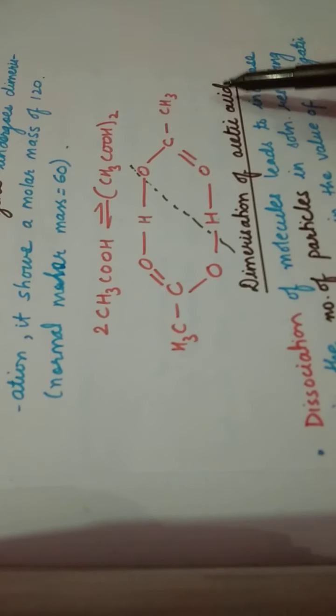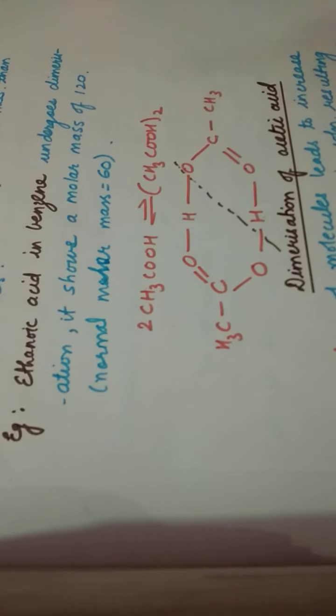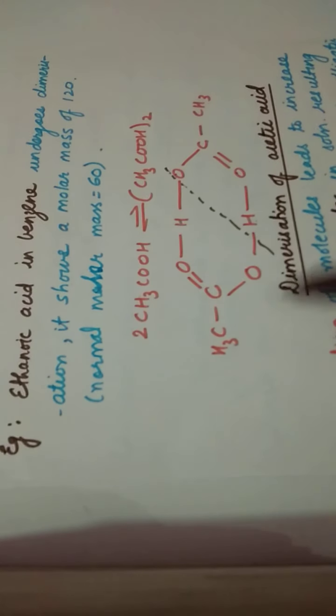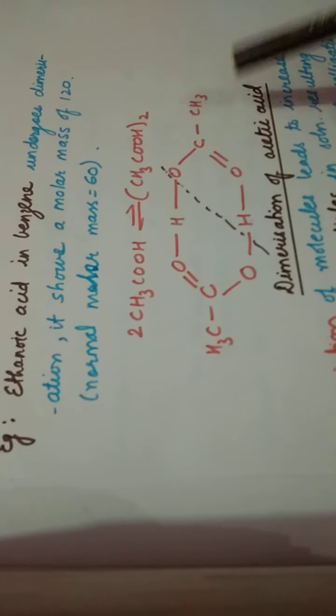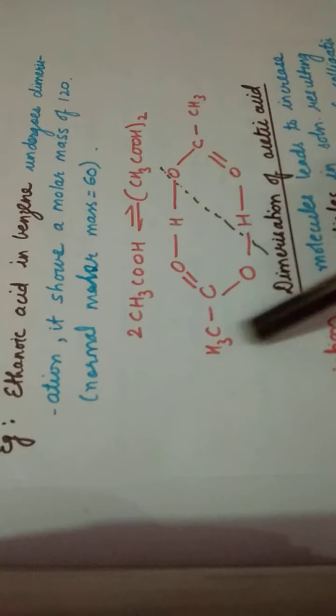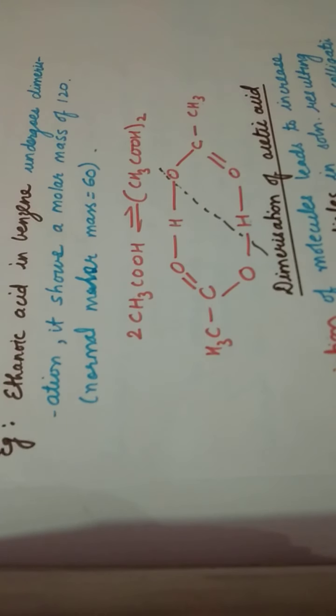A dimer is one in which one molecule is repeated again, and there is a bond formation between the same molecules. Here a hydrogen bond is formed between the molecules of ethanoic acid when it is dissolved in benzene.